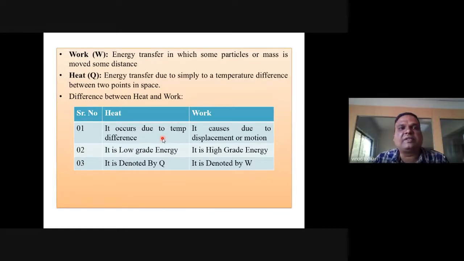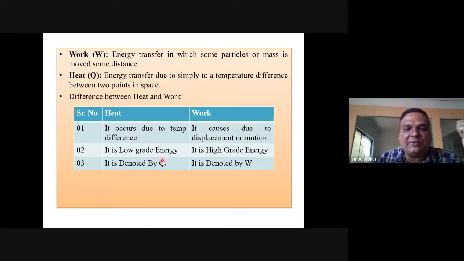Excellent. Very good. So is it clear to all of you? Yes, sir. See, we have seen two concepts. First is that work is due to displacement or motion. Then heat flows due to temperature difference. Heat is called low grade energy because it is due to disorderly motion of molecules, and work is called high grade energy because it is due to orderly motion of molecules.